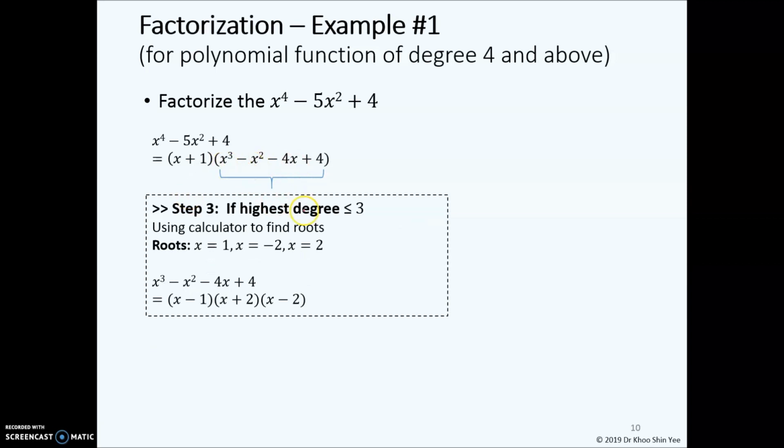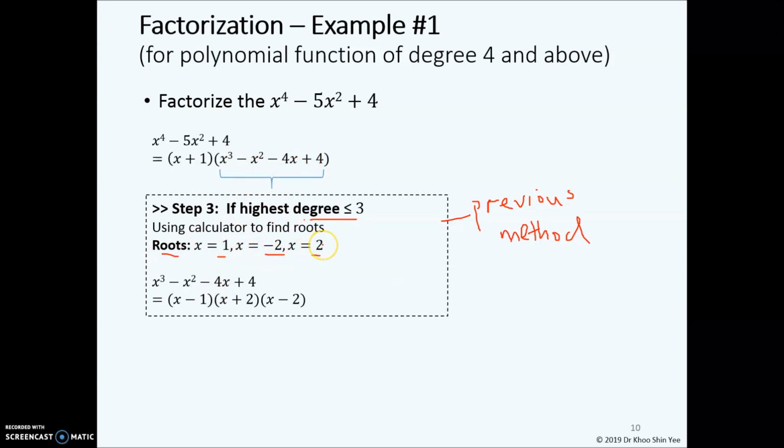If you have a polynomial function with degree 3 and below, then you can use the previous method, which is by using the calculator to find the roots. So the roots for this function are 1, negative 2, and 2.